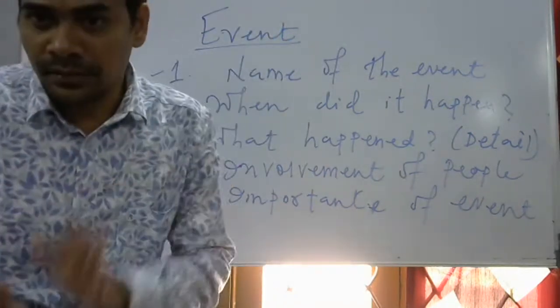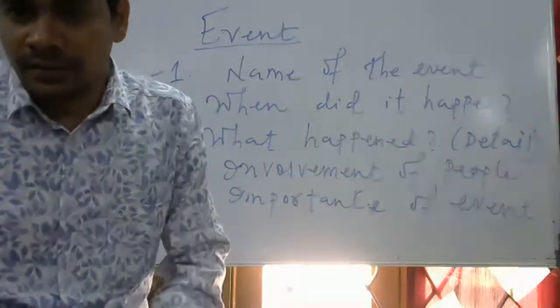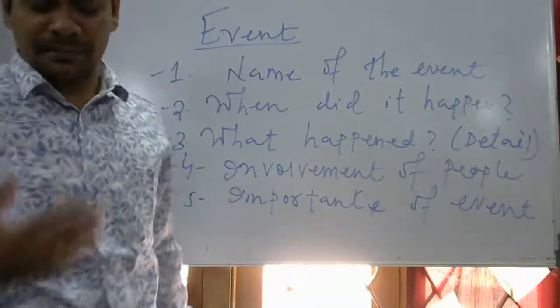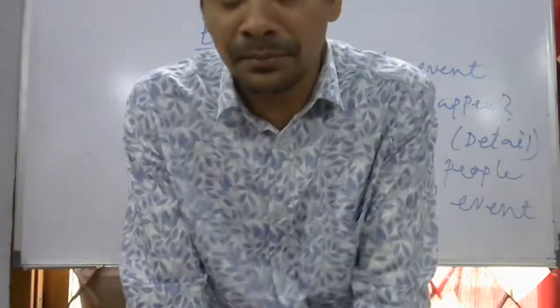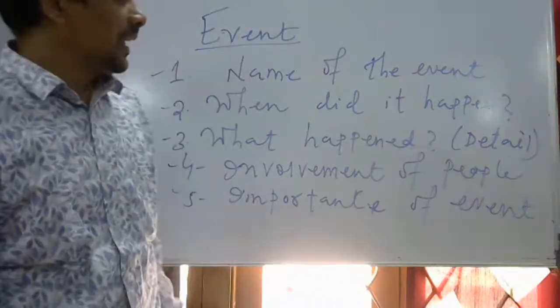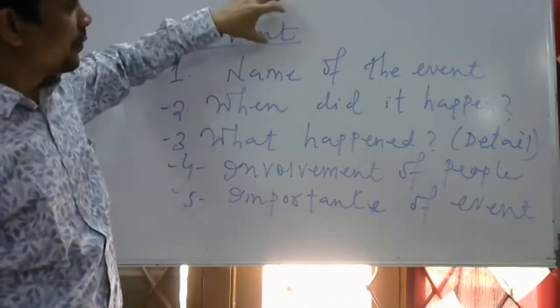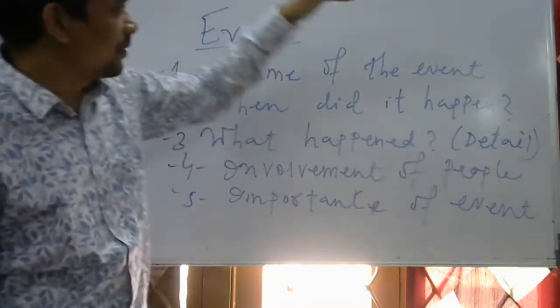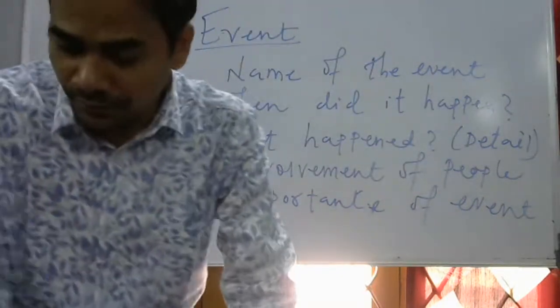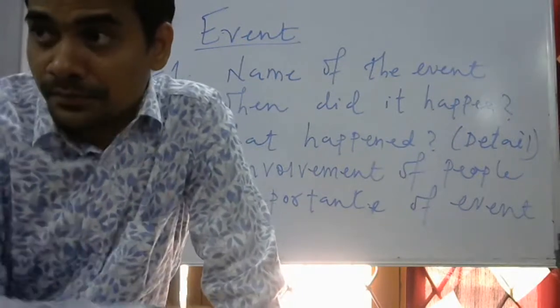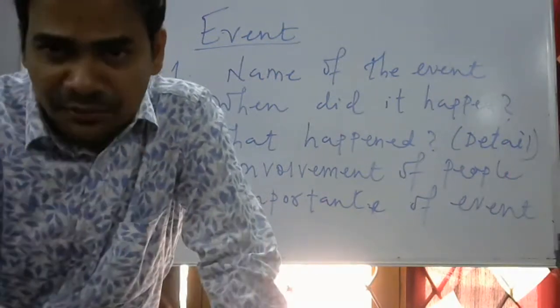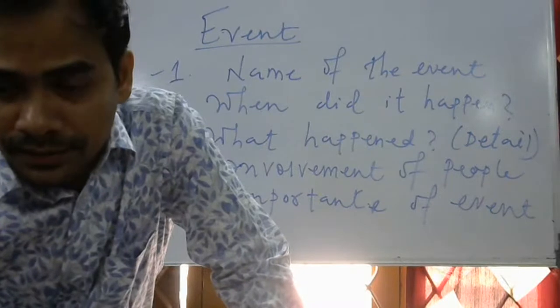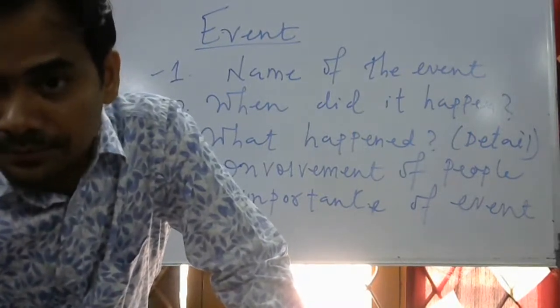Everything you have to write. Suppose we have a debate competition or an essay competition, many more things are given. When describing any event in the detailing part, you can also write who was invited as the chief guest, but take care of the word limit.